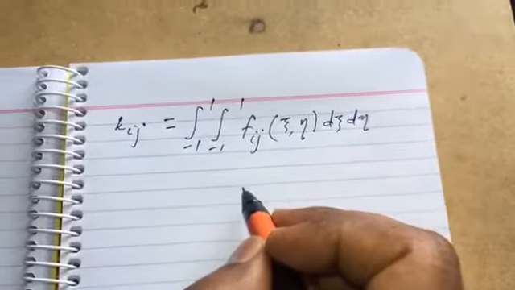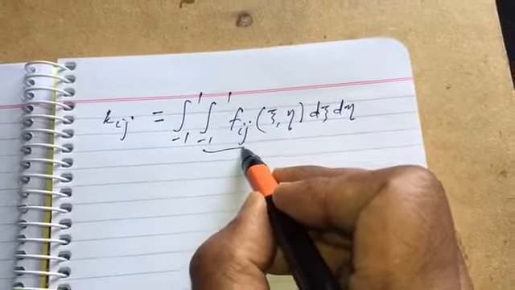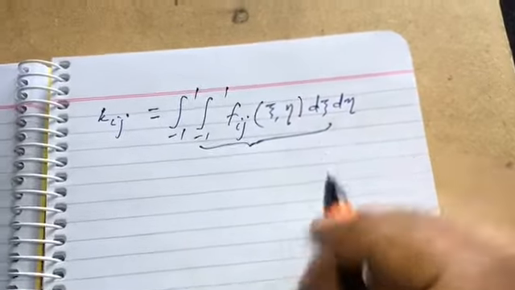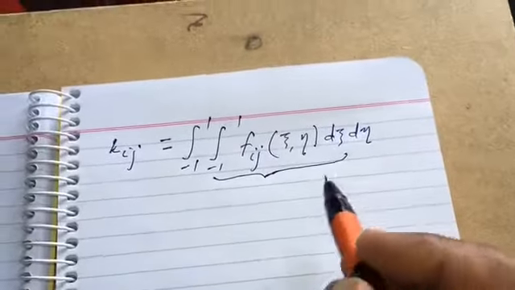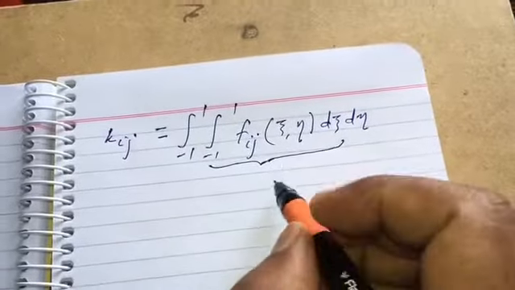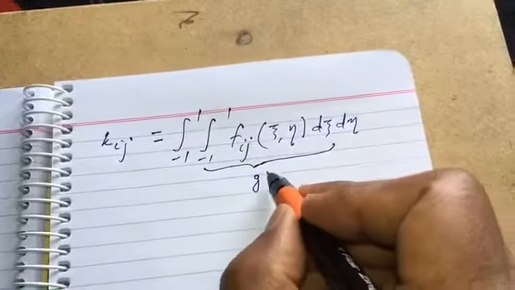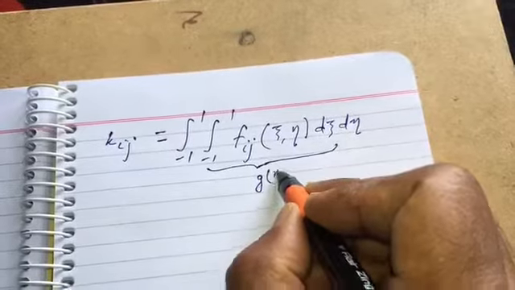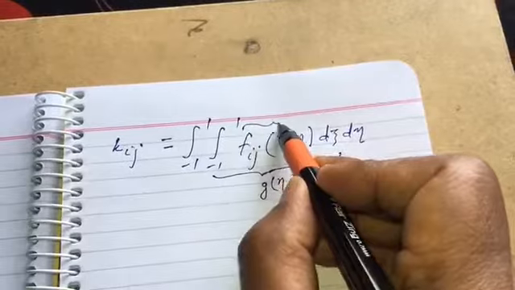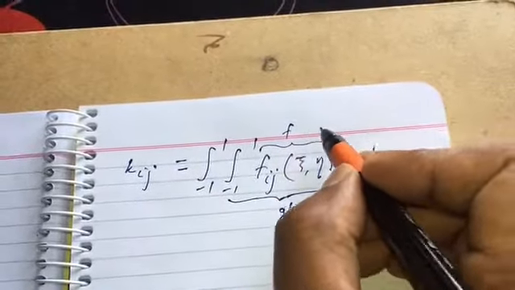So let's call the integration from here to here g of eta, and this function we call f of xi.